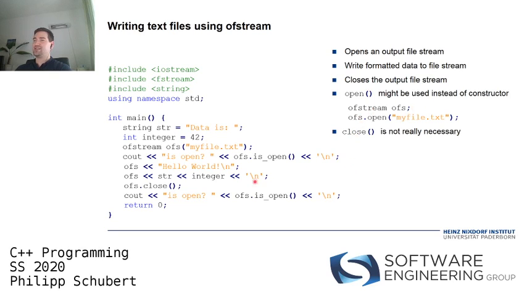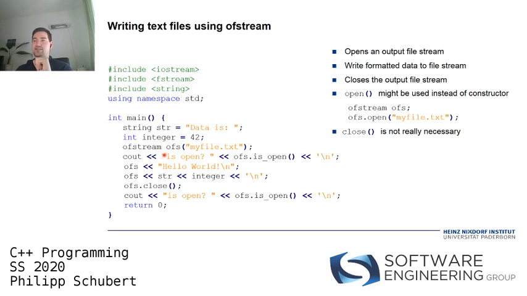And close, again, is not really necessary, because those output file streams, or all the file streams, are implemented in RAII, resource acquisition is initialization, which means once you use the respective constructor to initialize a variable, it will automatically open the file, as you see here.